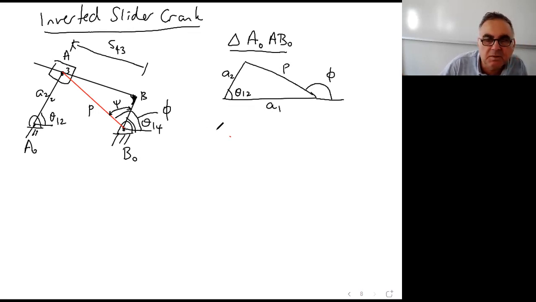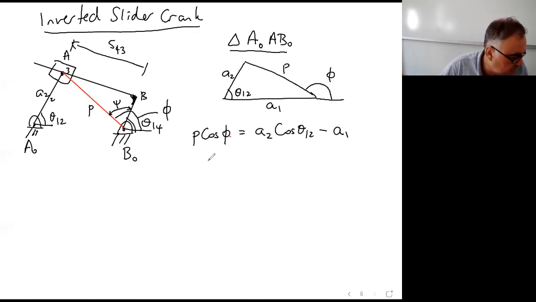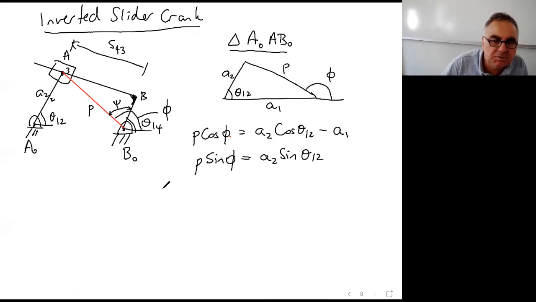Just as we have done before, P cosine phi is equal to 2 cosine 1, 2 minus A1. The cosine of this angle has to be negative, so that's why we have a negative quantity here. And then P sine phi will be equal to 2, from which phi angle can be found easily.